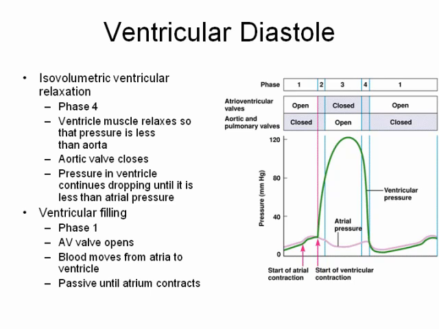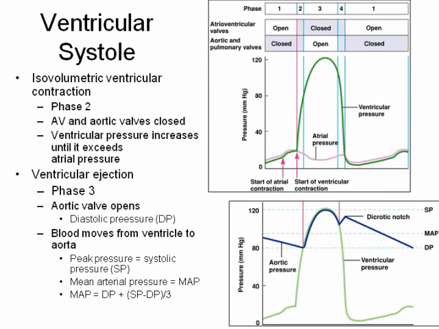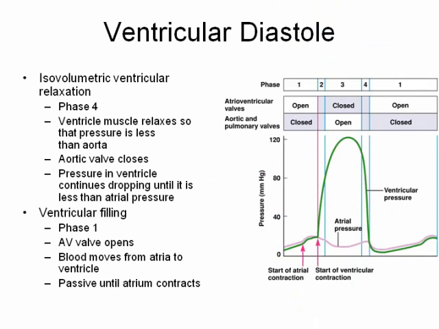Now let's take a look at ventricular diastole. So ventricular diastole starts right here as soon as the aortic valve closes. And the ventricle is relaxing, which of course is what ventricular diastole refers to. The ventricle relaxes so that the pressure in it is lower than that of the aorta.